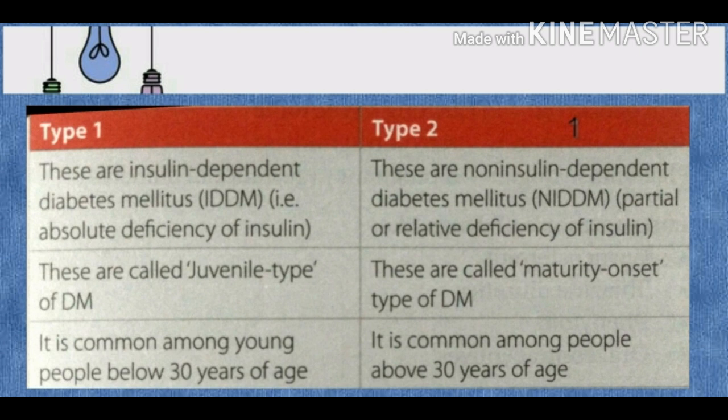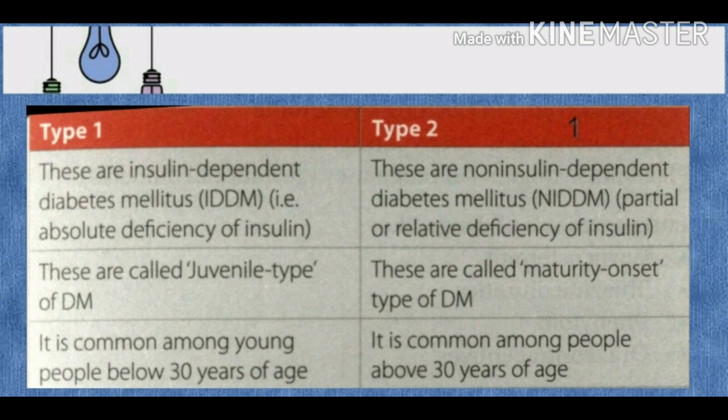Type 2 diabetes is known as non-insulin dependent diabetes mellitus. In this, there is a partial or relative deficiency of insulin hormone due to a number of reasons, and one cause I can highlight is the lifestyle of a person.